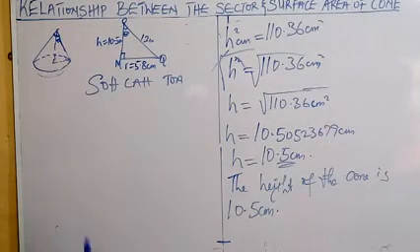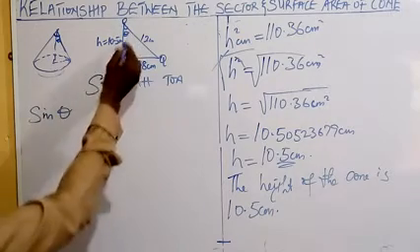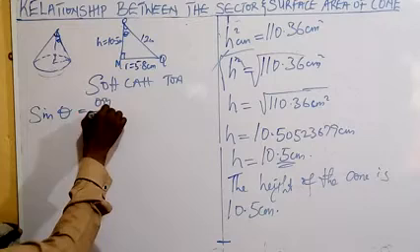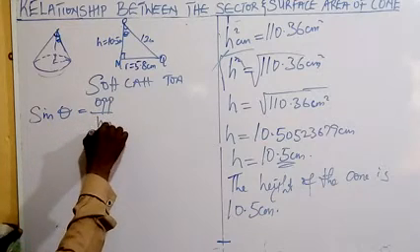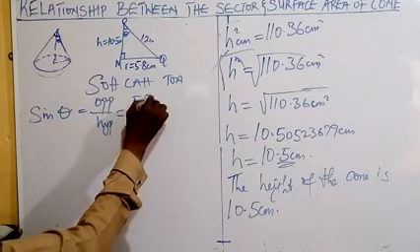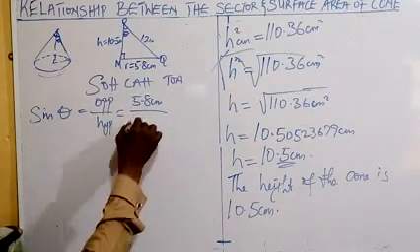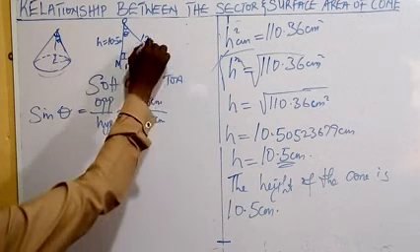So we are asked to look for this angle. All right, we can use any of the three, but let's consider the sine. Sine theta, because we are dealing with the angle, which is opposite over hypotenuse. And what is our opposite? 5.8 centimeter. The hypotenuse, which is the longest side, 12 centimeter.